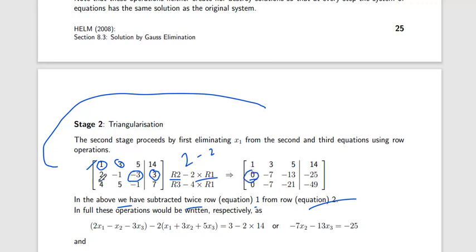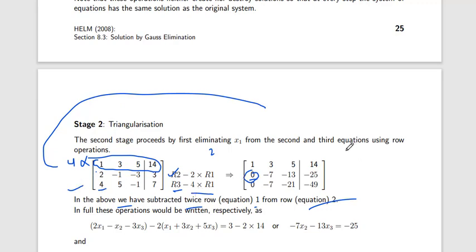Now second, here we also want a 0. So how do we get it? The operation is R3 minus 4R1, same as R2 minus 2R1 and R3 minus 4R1.